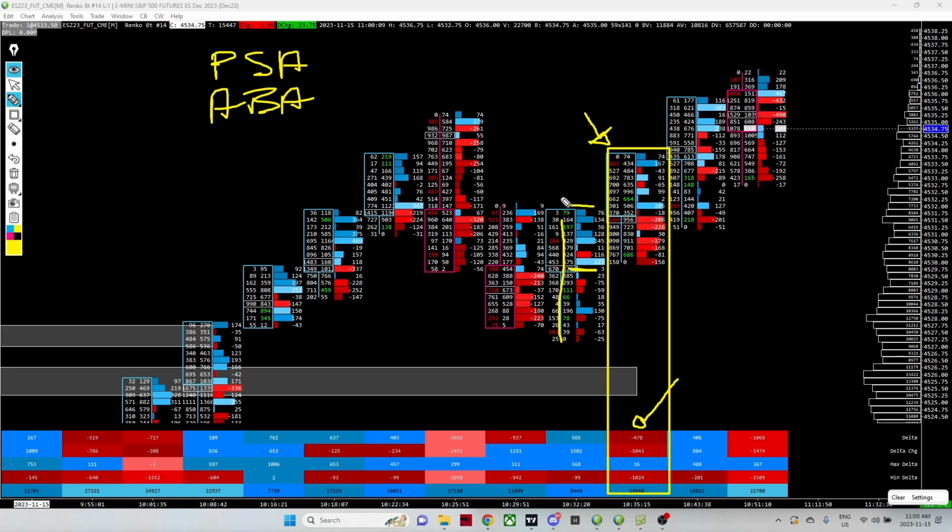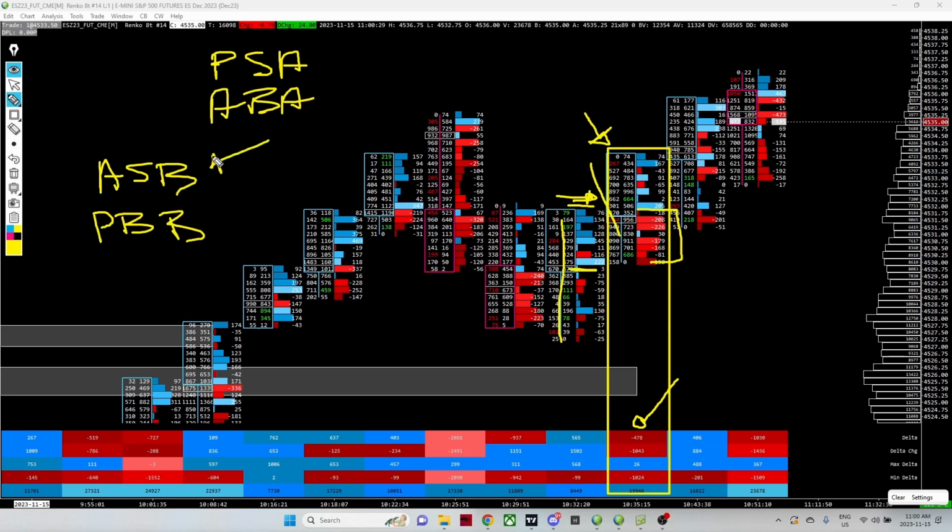We get the positive deltas. The next print opens. Price starts pulling back. What do these orders represent? Aggressive sell orders at the bid or passive buy orders at the bid.